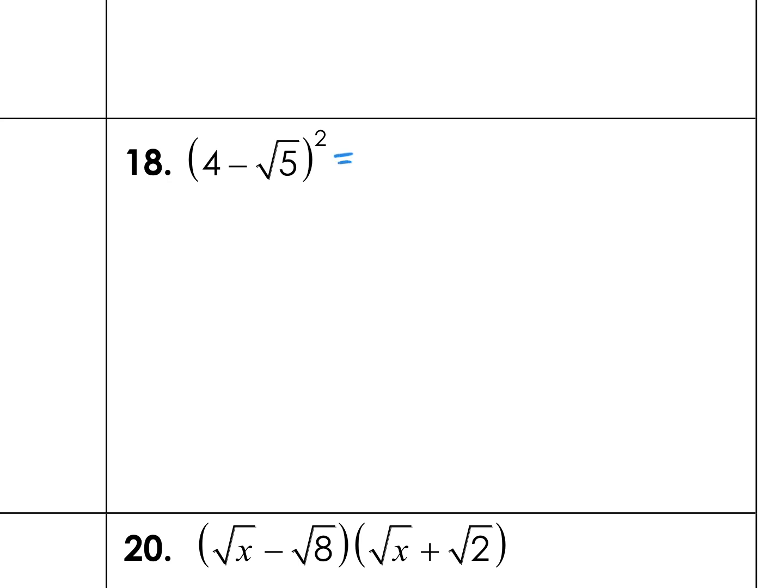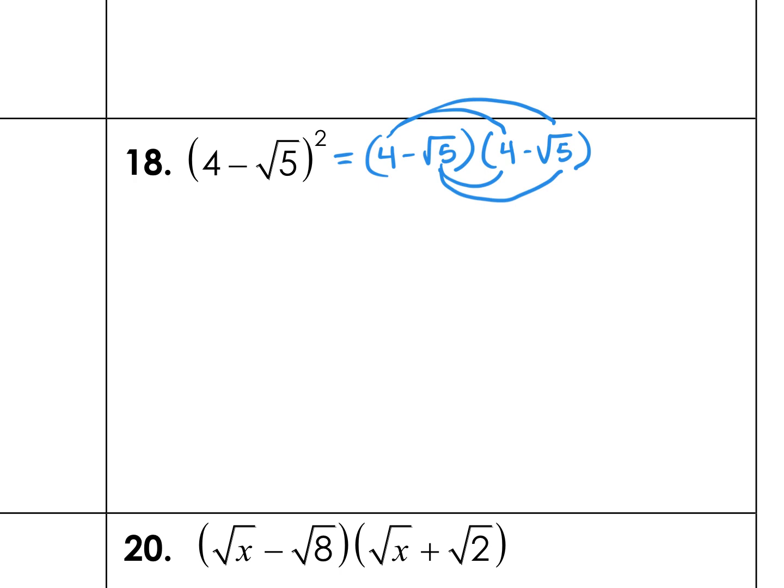So remember that this 4 times the square root of 5, the whole quantity squared, means that I am writing it out and I have to multiply each part. So this is not just squaring those terms that are inside.